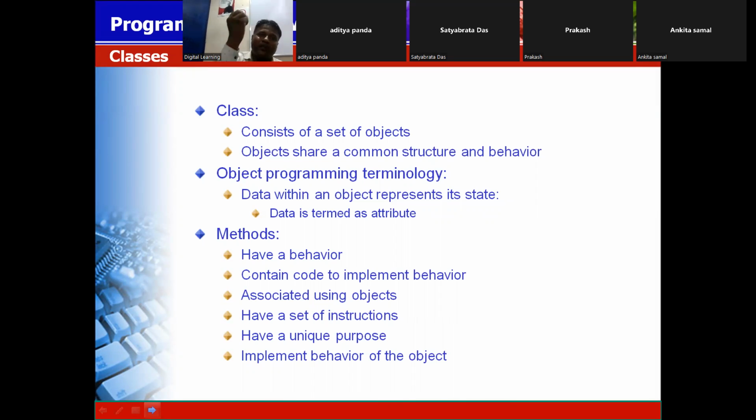So that Scorpio, that Bolero, that Tata Indigo, they're all objects, but they belong to a class called the four-wheeler class. Four-wheeler means they share the common structure and functionality.